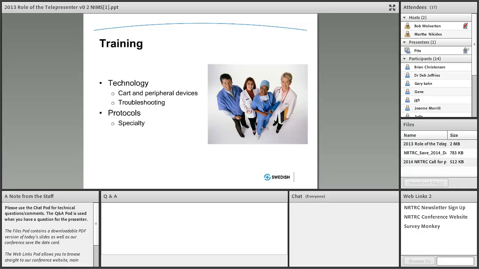So like I said earlier, training covers the cart, peripheral devices, and any troubleshooting. Realistically, a lot of times when things go wrong, it's typically process. So in real time, we try to make ourselves available to help them troubleshoot if there are any issues going on.